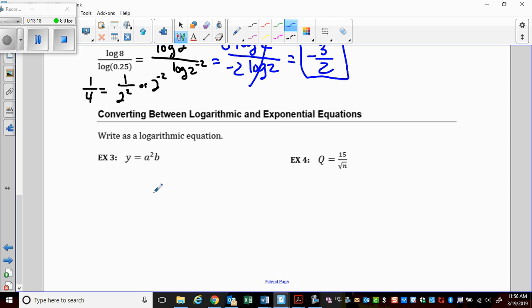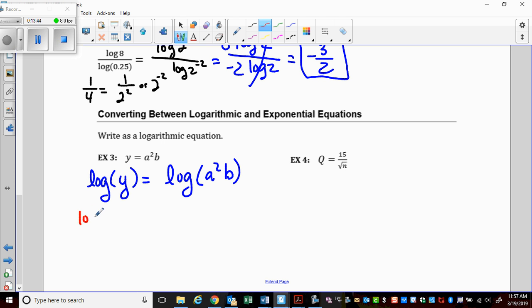Convert them from exponents to logs. What we can do on this one is take the log of both sides. So as long as we do the same to the left as we do to the right, then it'll work. And what I can do is separate this.